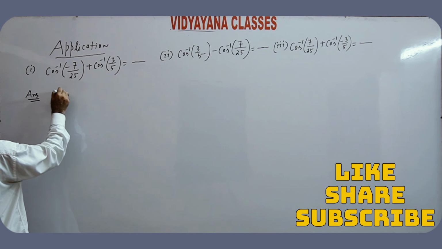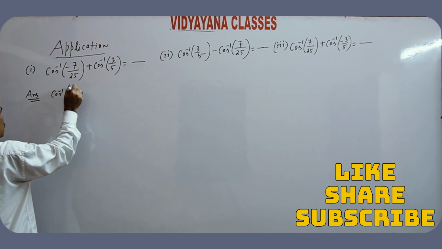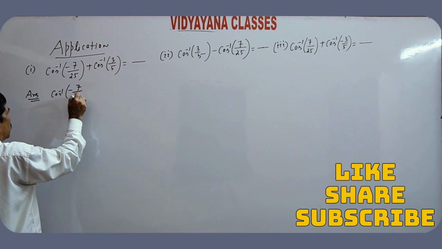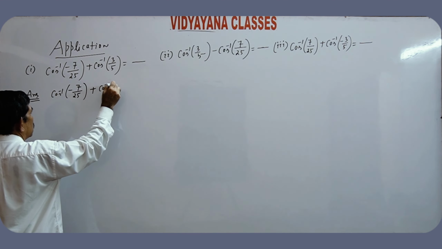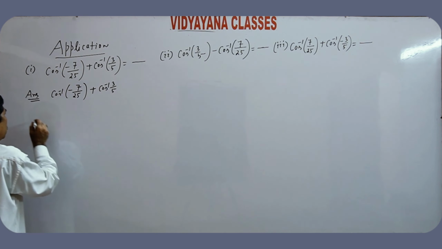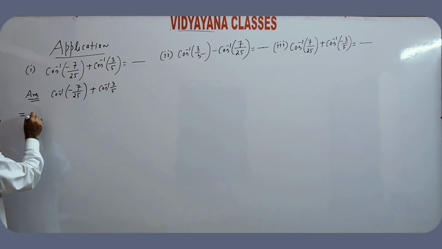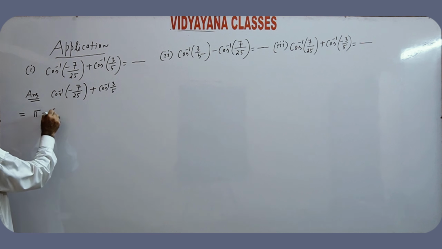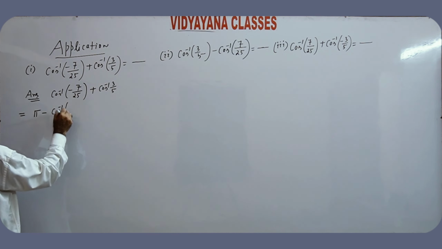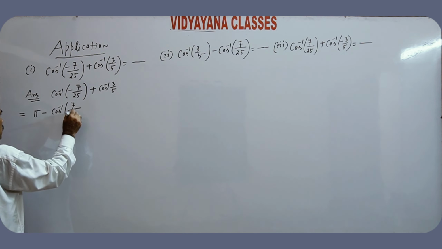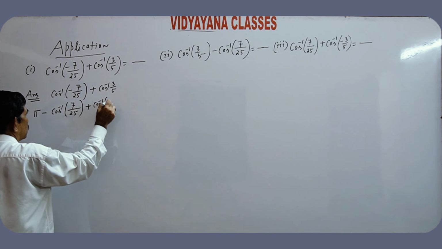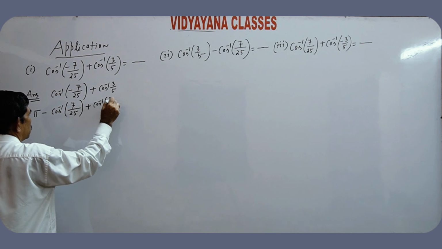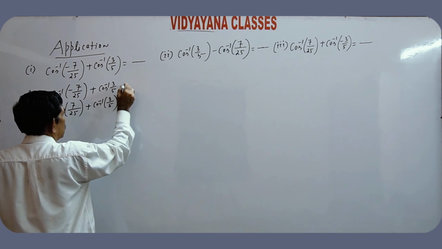Cos inverse of minus 7 by 25 plus cos inverse 3 by 5, which is the same as pi minus cos inverse 7 by 25 plus cos inverse 3 by 5.